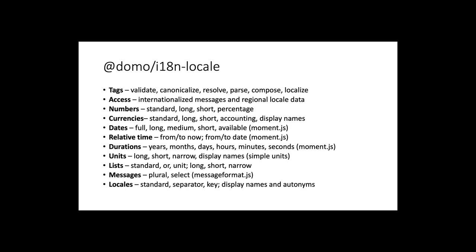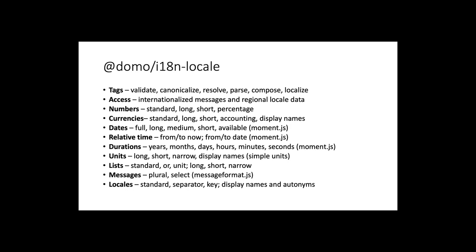Relative time is handled entirely by moment.js and is exposed through the format relative time and from date or to date methods. Supported number formats include standard, long, short, and percentage, while supported currency formats include standard, long, short, and accounting.